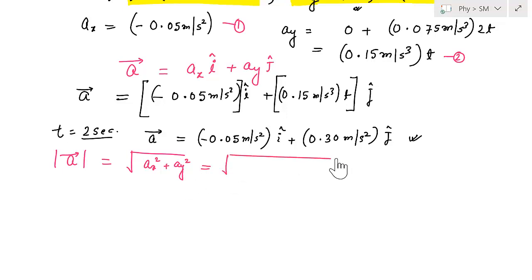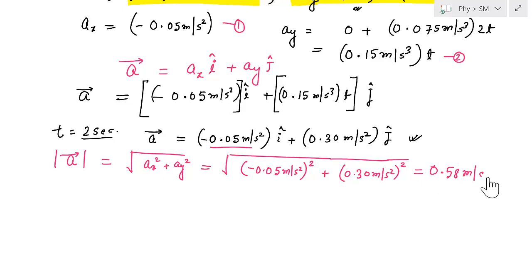In this case ax is minus 0.05 meter per second square, so square of this term plus square of 0.30 meter per second square, and then take the root of all. This will come to 0.58 meter per second square. So this is the magnitude of acceleration at t equals 2 seconds.